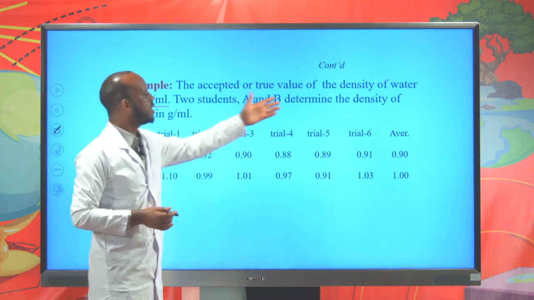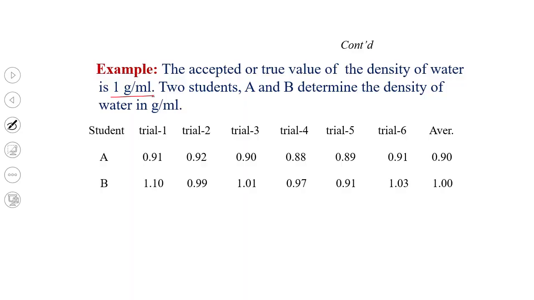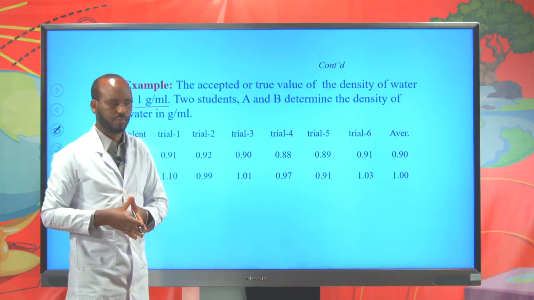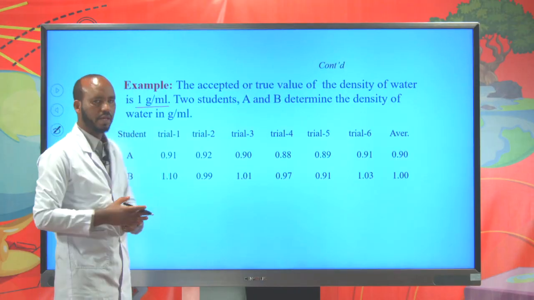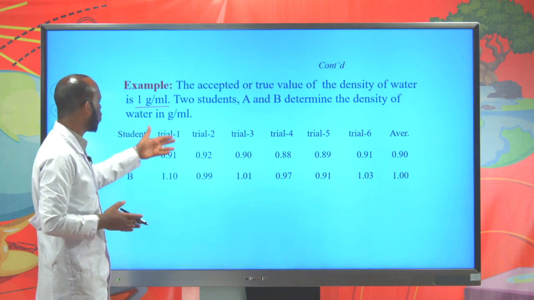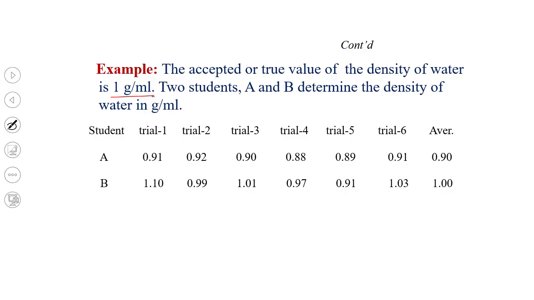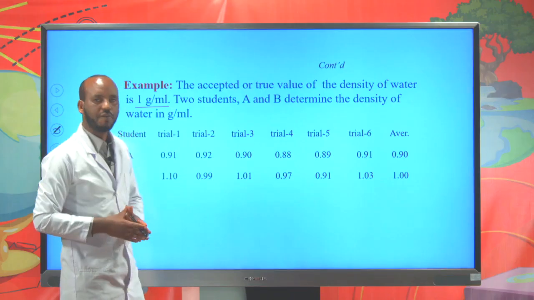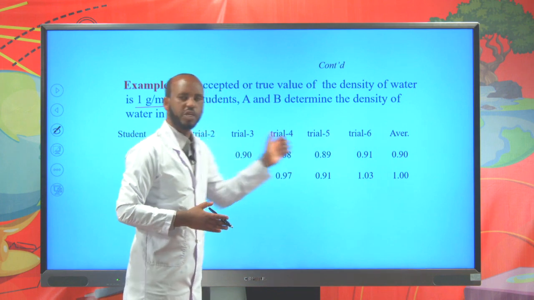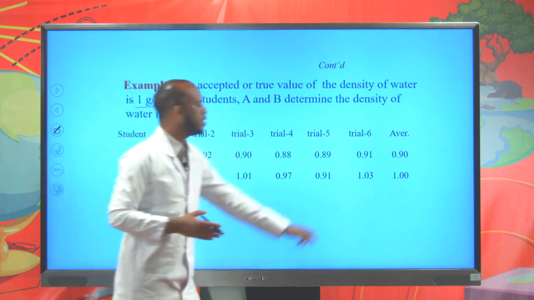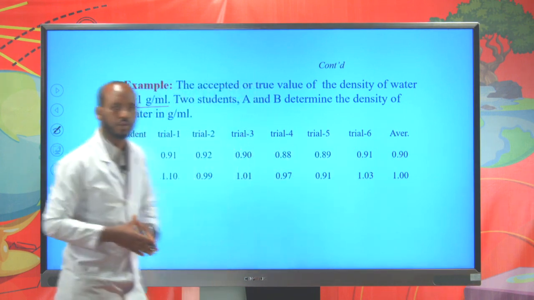Two students A and B determine the density of water in gram per milliliter. Student A in his or her trial 1 got 0.91 gram per milliliter. In the second trial, 0.92 and so on. Average value of measurements of student A is 0.90.